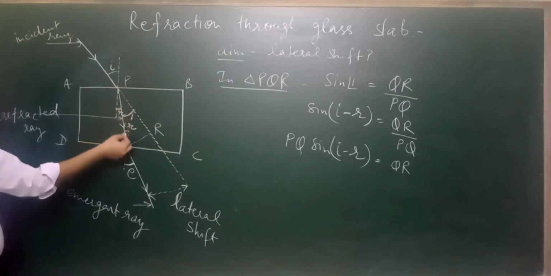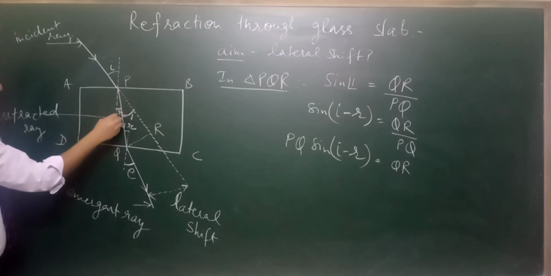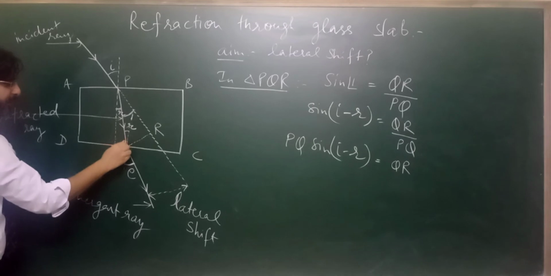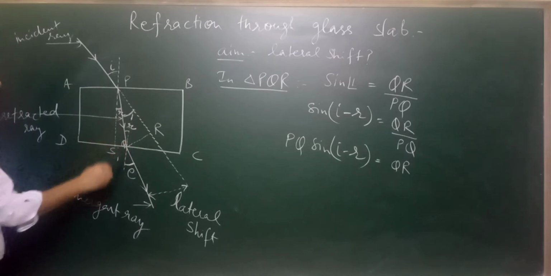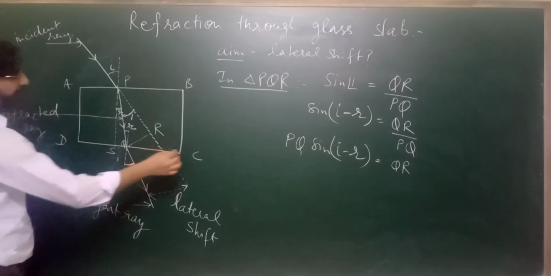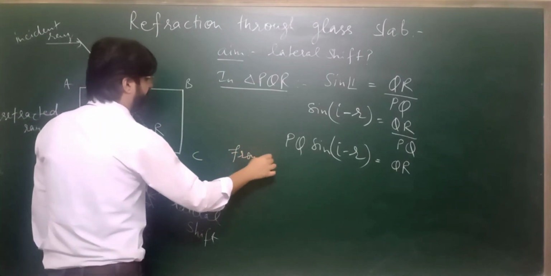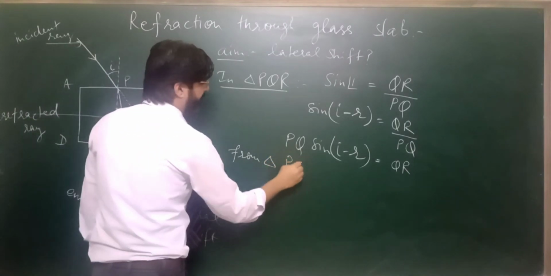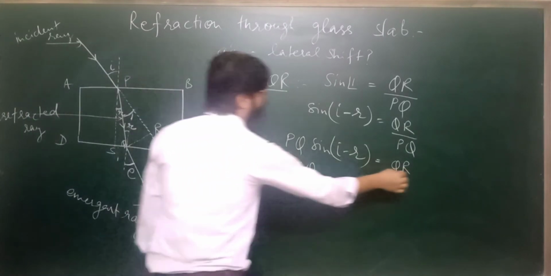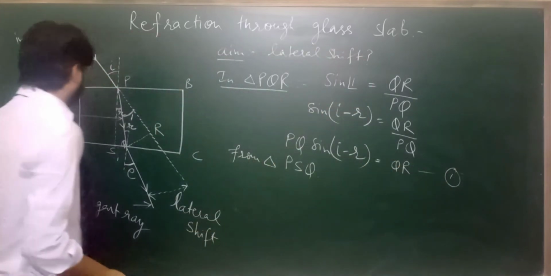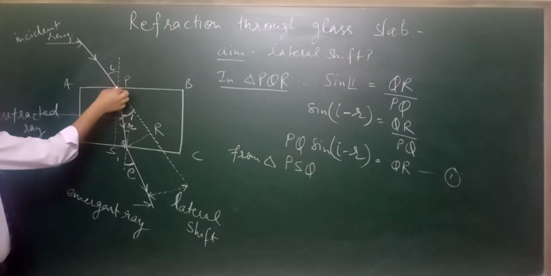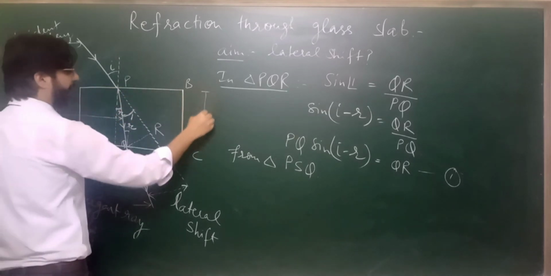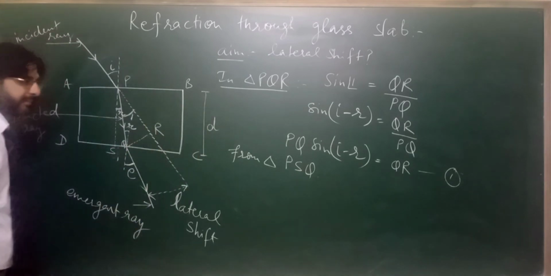Now what is the value of this PQ? To find PQ, let us come to this triangle. This was Q and this was S. So from triangle PSQ, this was the first equation. Suppose from triangle PSQ, this we have to find. This we know if the thickness of the slab is suppose D, it is given.